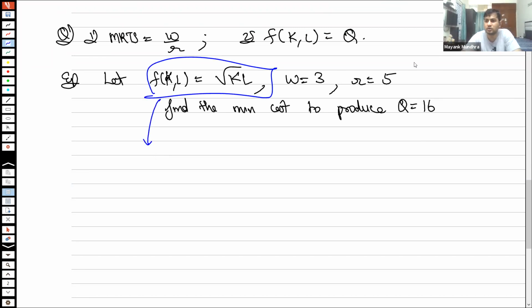All right. So what is the MRTS for this function, Dhruv? Are you with us, Dhruv? Can you help me with the MRTS? Seems like Dhruv is not present.